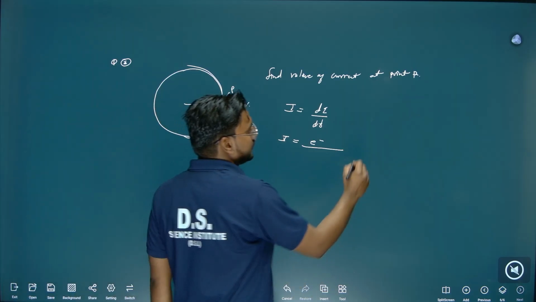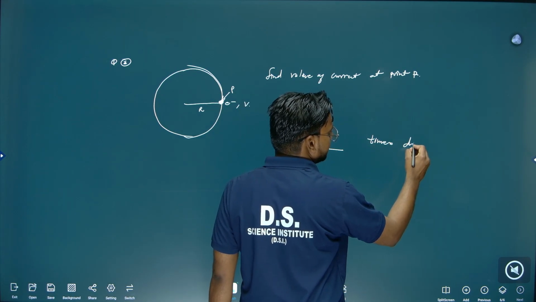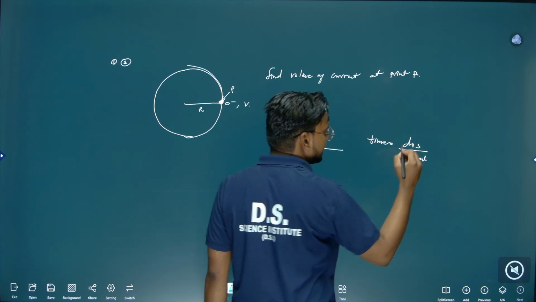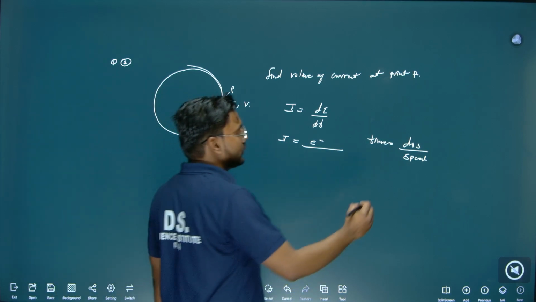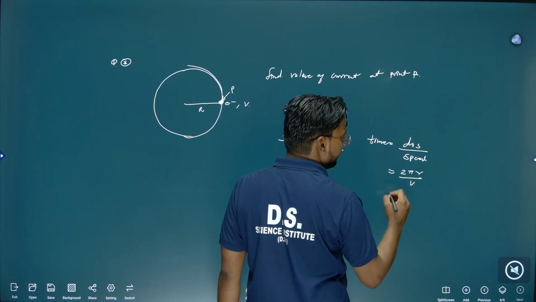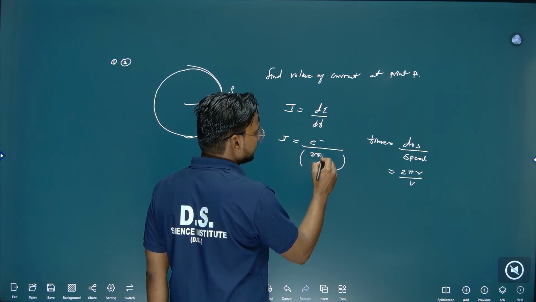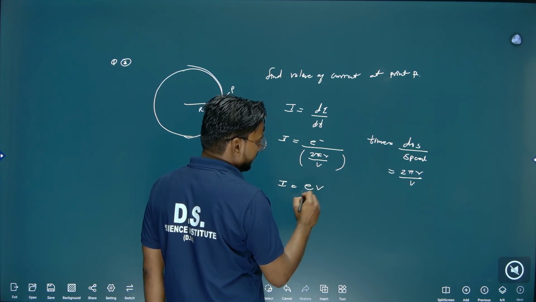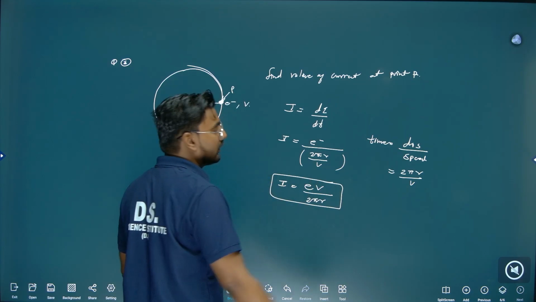We know time equals distance upon speed, and distance is the circumference of the circle, so we take 2 pi r and speed is v. So we put this value here: 2 pi r upon v. So current is e v upon 2 pi r. So this is the value of current.